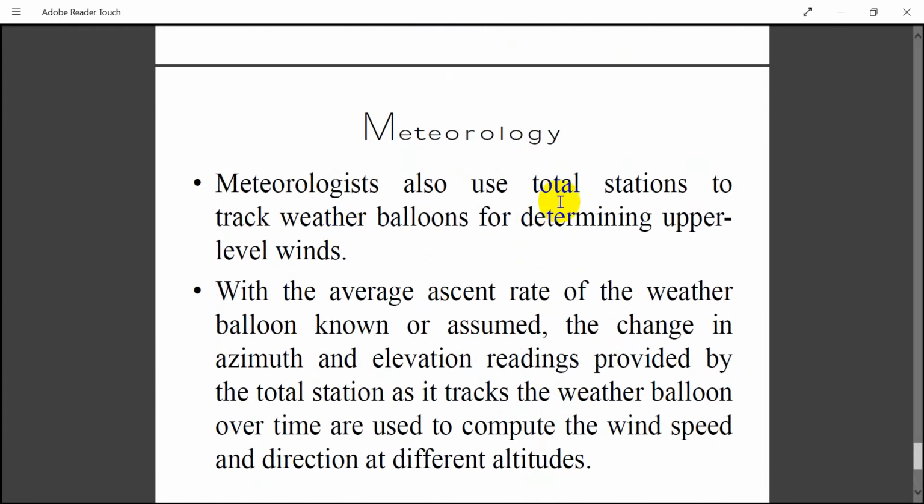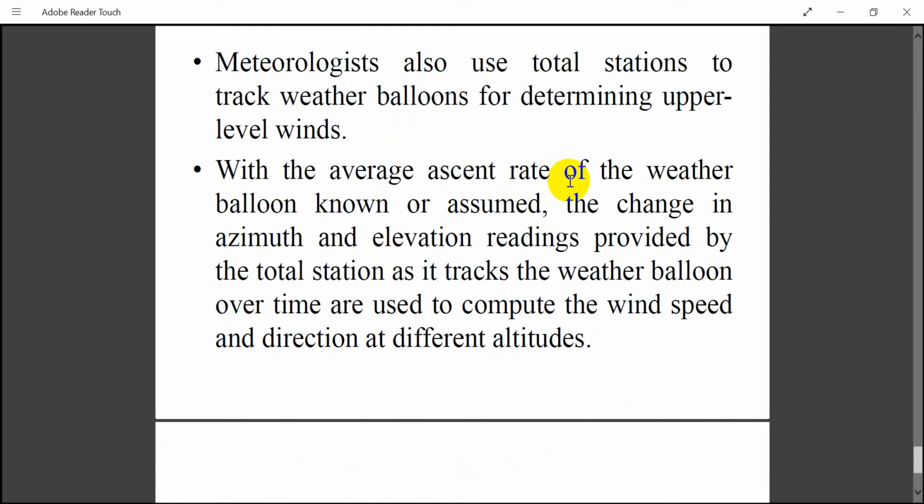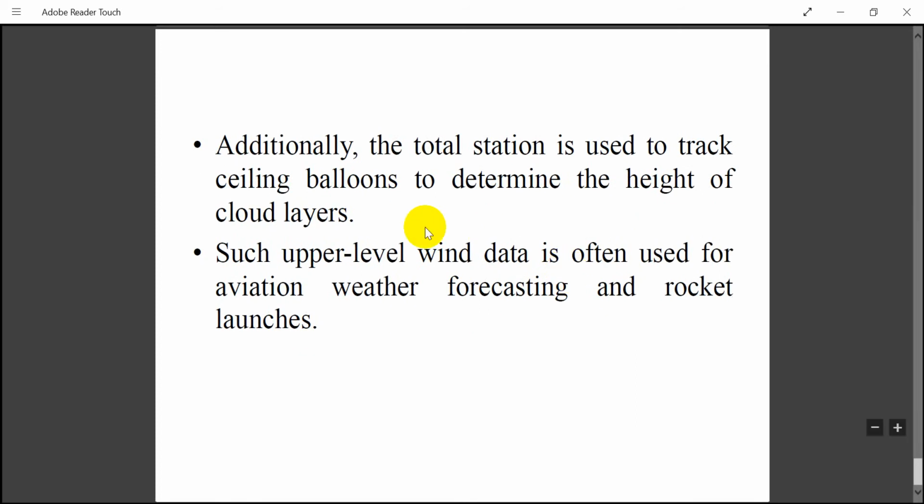Meteorologists also use total stations to track weather balloons to determine upper level winds. Meteorologist means who records or studies the weather. So in the weather field also total stations are used, to locate wind speed and so on. They track the balloons to determine the height of the cloud layers.